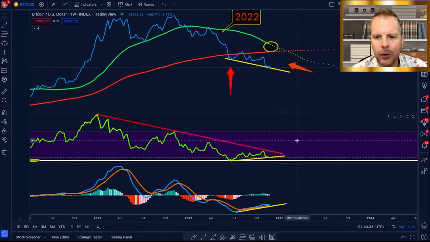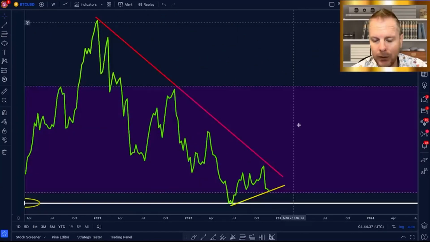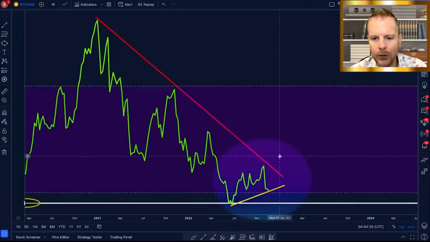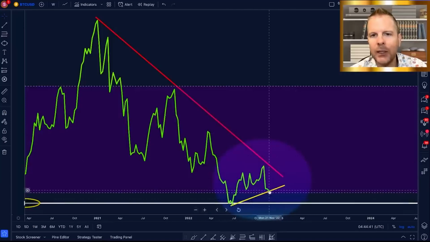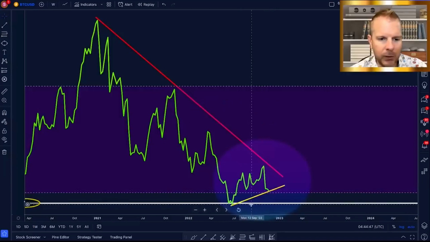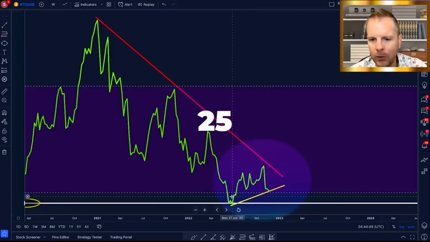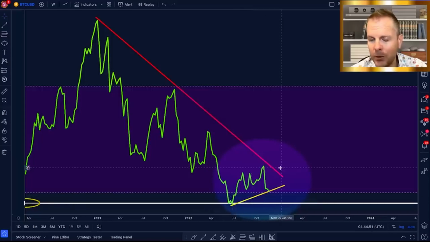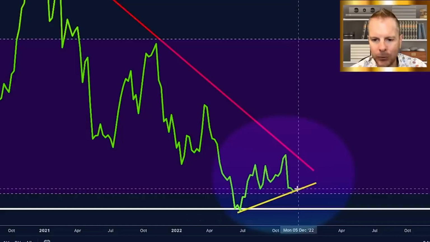This will close at the end of the week on Sunday. But what you want to look for is where did the RSI close on the weekly? And if we close lower than this pivot low of 25, we're going to null and void any opportunities for a bullish divergence. Keep in mind, what I'm showing you right here has not closed yet.